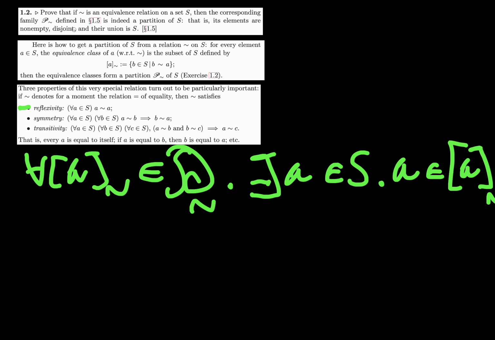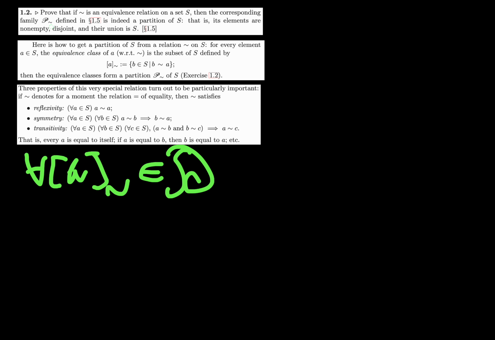Now, how do we know that the elements of P under tilde are disjoint?